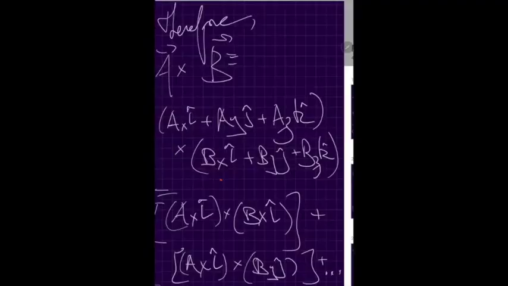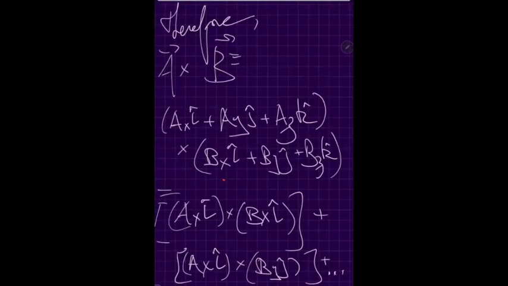Now this is where I was. A cross B: if we write each out fully as a big three-dimensional vector, as a big list of 3 different components.